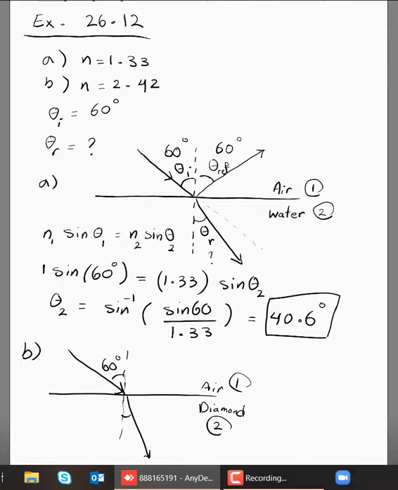Let's see. In this case, theta 2 will be sine inverse of sine 60 divided by 2.42. Calculate this and you will get 21 degrees. So yes, indeed, it's getting closer to the normal.